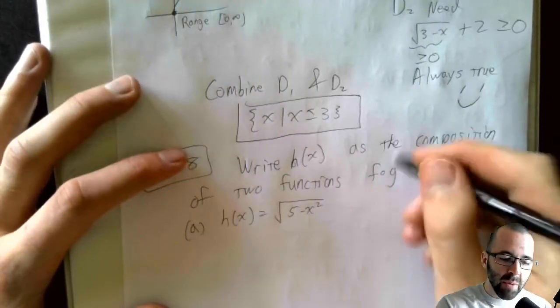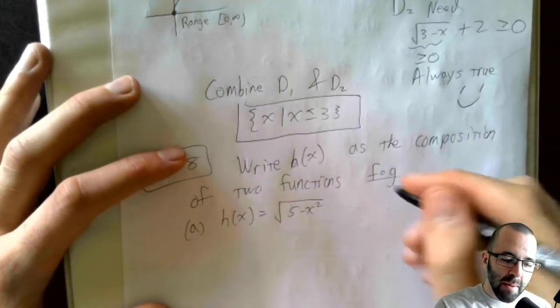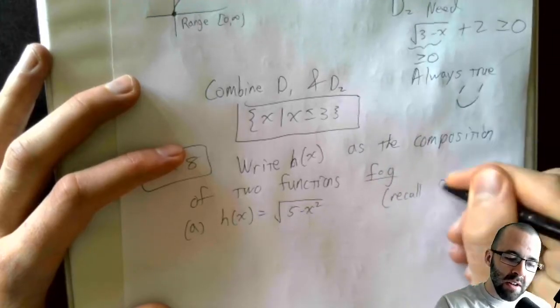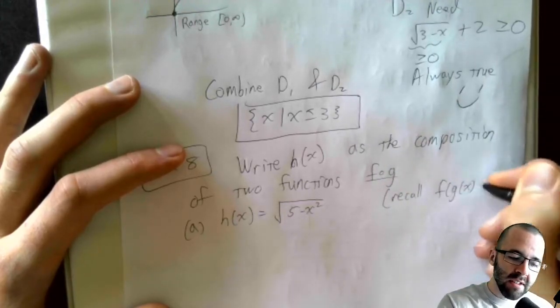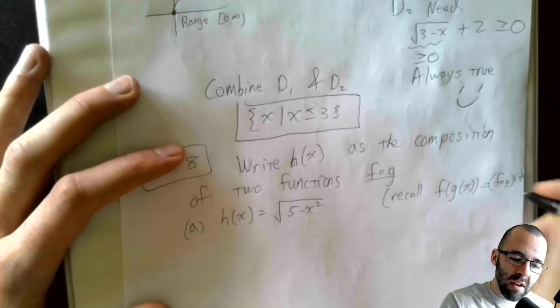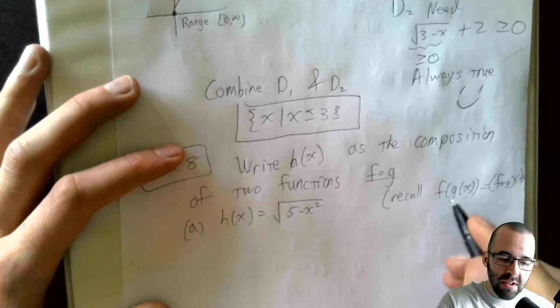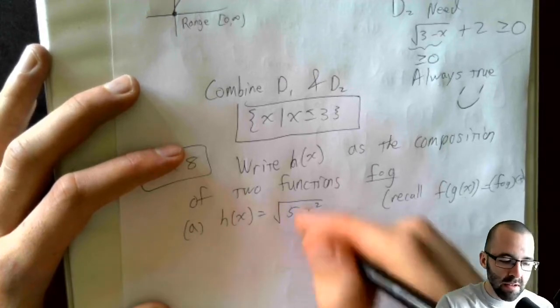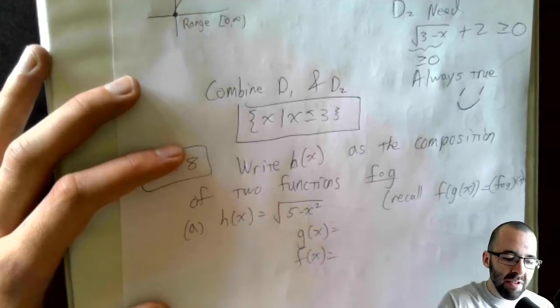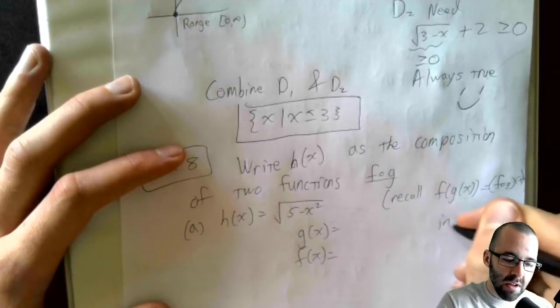So, right, we want to write it as f of g. And remember, recall f of g of x is f of g. So g is our inside function and f is our outside function. So all you need to do here is identify what's your inside function and what's your outside function.